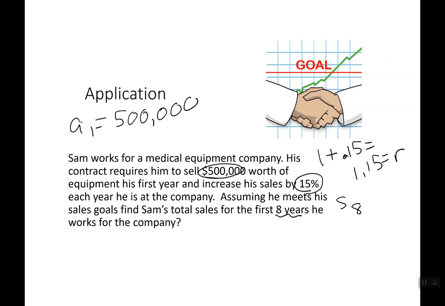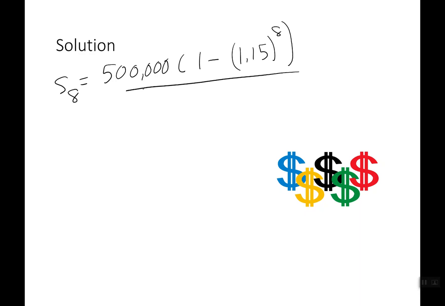Okay, let's go over and give me a little bit more room to do that. So this S8 will be the first term, 500,000, times 1 minus 1.15 raised to the 8th power, over 1 minus 1.15. And again, I'm going to throw parentheses there. We're going to put this in the calculator.